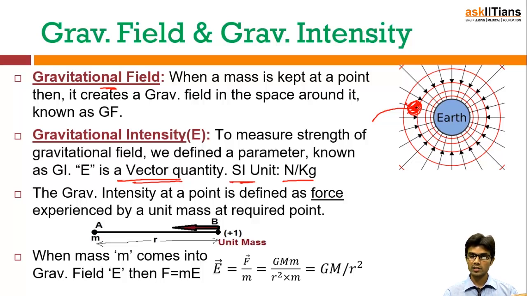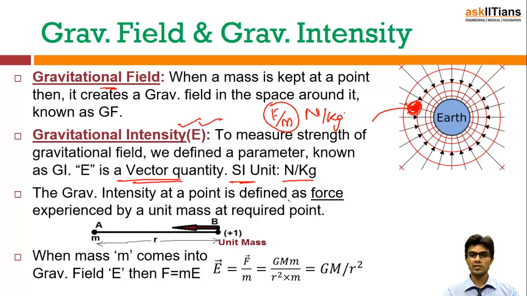To measure the intensity of this gravitational force per unit mass, we define a parameter called gravitational intensity, and it is a vector quantity. Since force is a vector quantity, force divided by mass, that is force per unit mass, in Newton per kg, is called gravitational intensity.